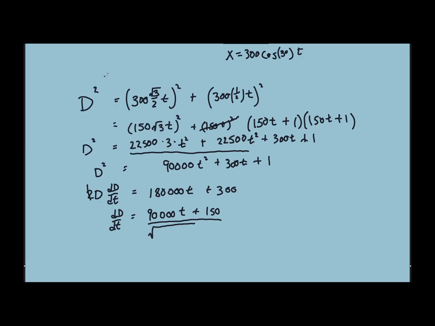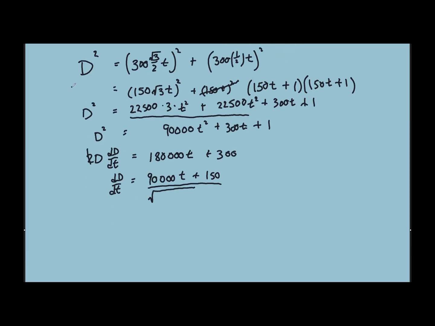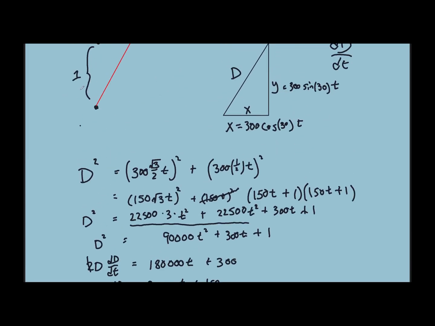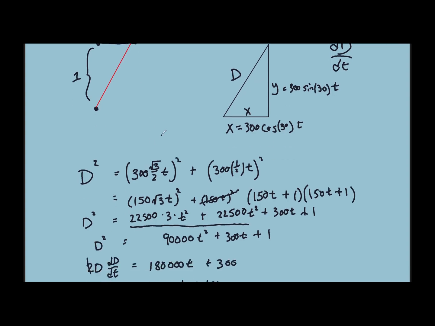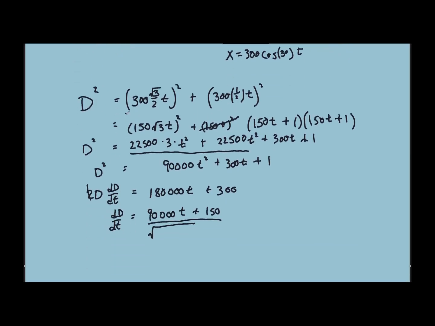Right? What's our actual distance? What's d? Let's come up here and have a look. It's this stuff again, right? I think that's right. So we should get 90,000, something like that, t. What was this one?